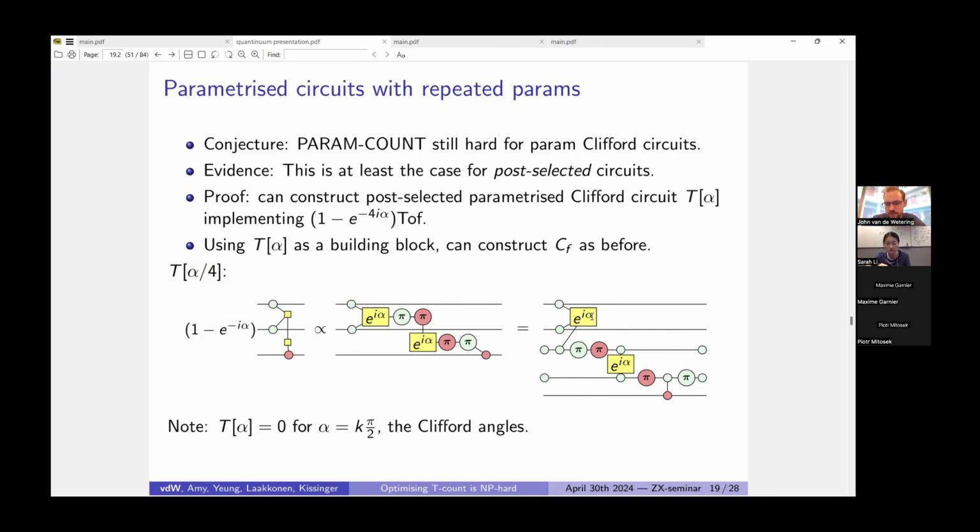We can check that we can decompose such a controlled phase gate into just CNOT gates and Z alpha gates. So this is in fact a parameterized Clifford circuit with post-selections. And since we can implement Toffoli gates, and we know that optimization involving Toffoli gates is hard, that means we still get a hard problem.